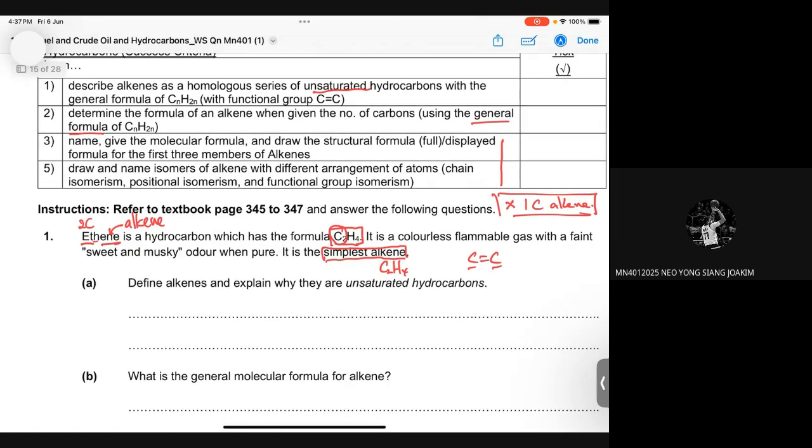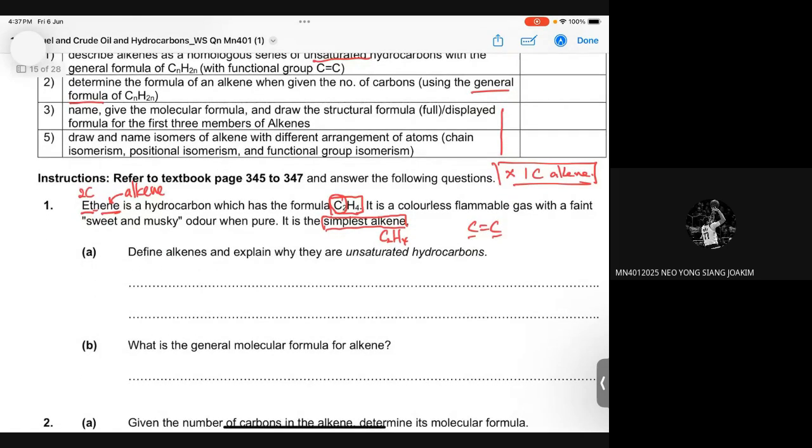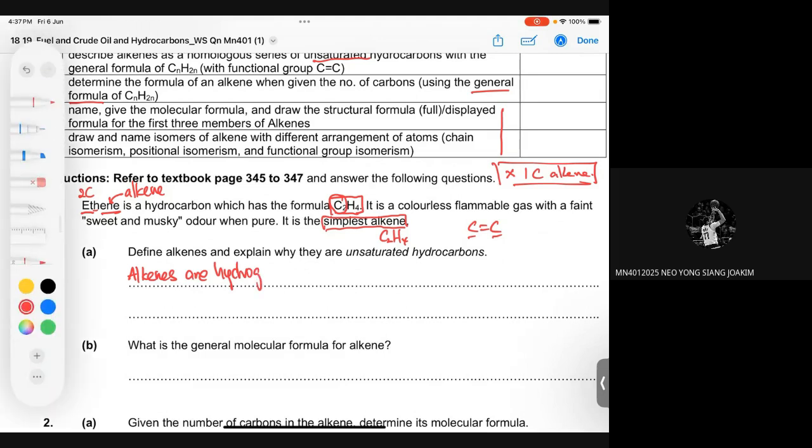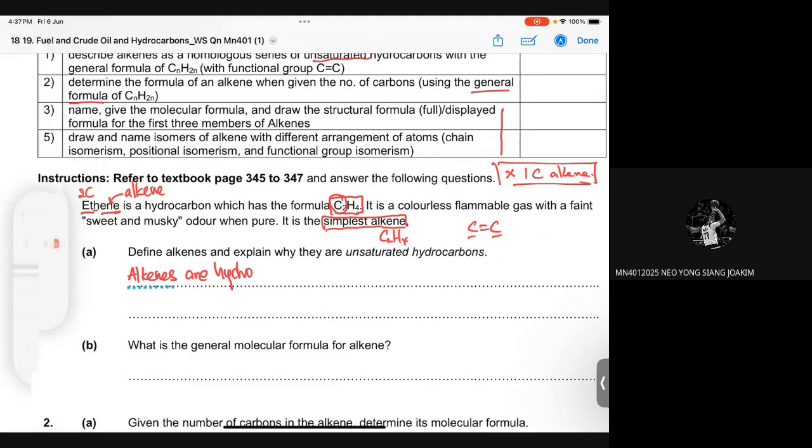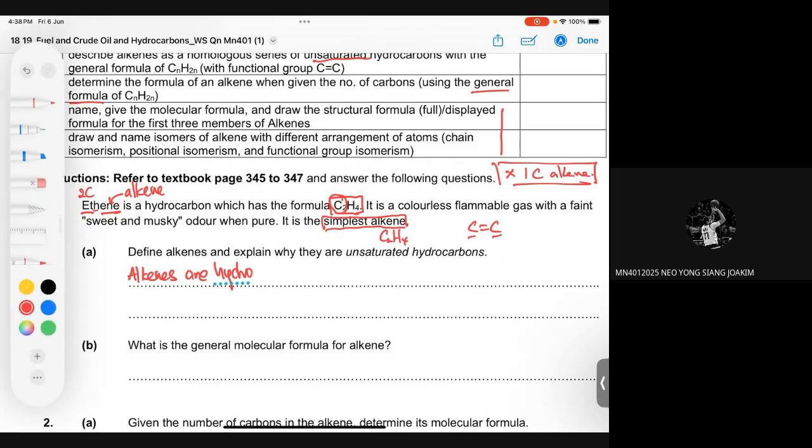Okay, let's go on to the question itself. So let's define what alkenes are. So alkenes are hydrocarbons. Can anyone recall what exactly hydrocarbons are? Actually, I don't want anyone. Next person will be Matthew. What are hydrocarbons? What's the definition of hydrocarbons?